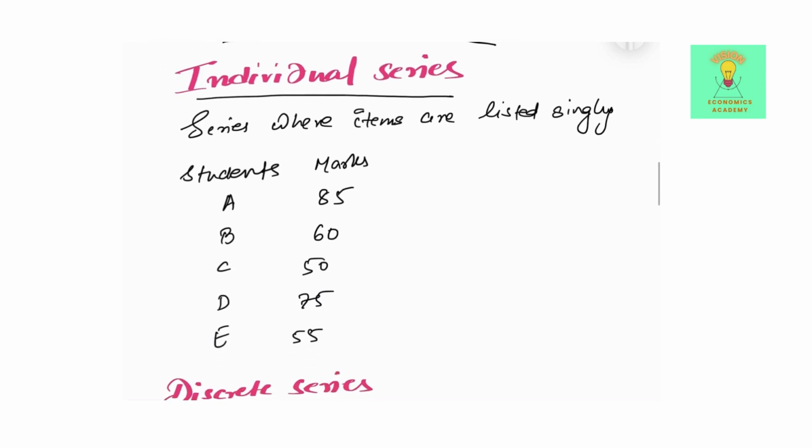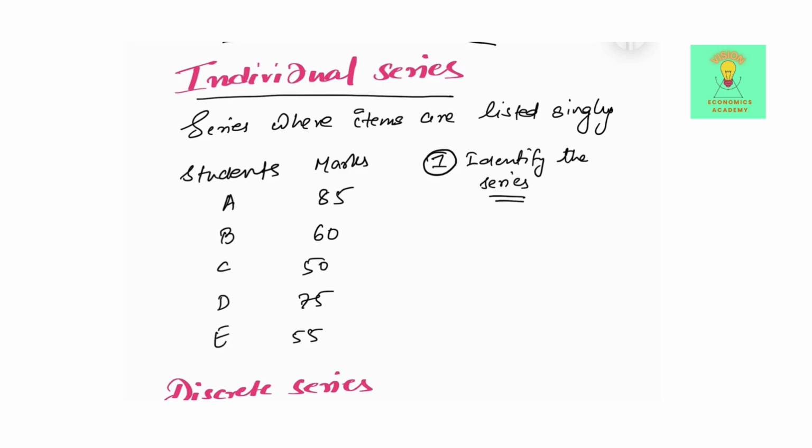Then we need to identify series. So there are three series: individual series, discrete series and continuous series. So our first step in solving the numericals over here is to identify which series it belongs to, right? So first our job is to identify the series.